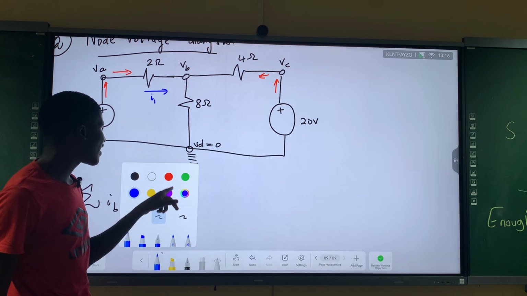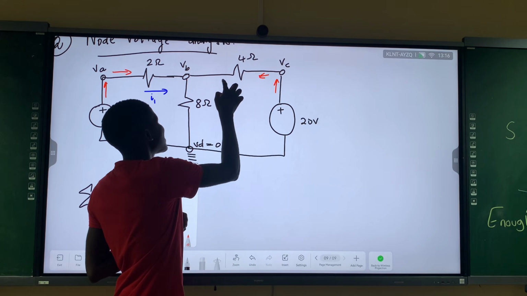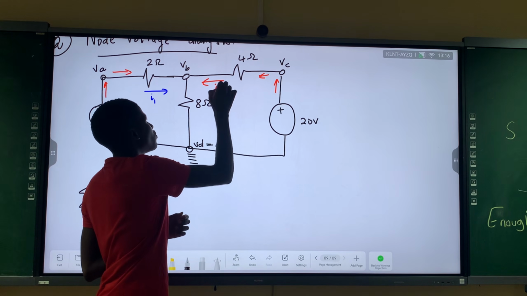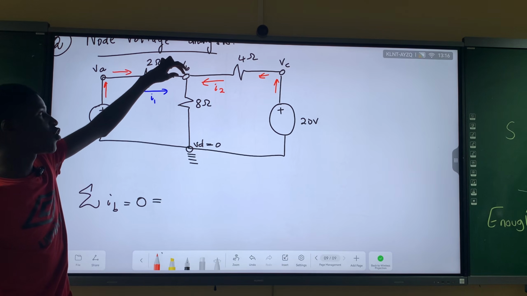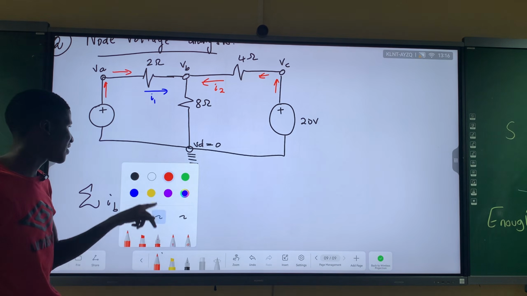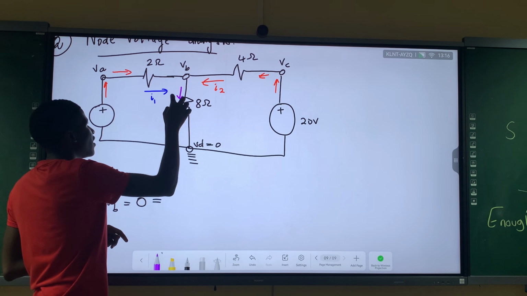Then remember here we've got another voltage source, 20 volts. It is producing another current, and we will call that current I2. When these currents meet at this node, what happens? They combine and go into the 8 ohms resistor in this path. This is your I3.